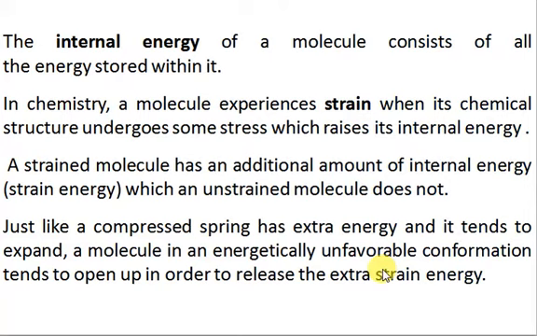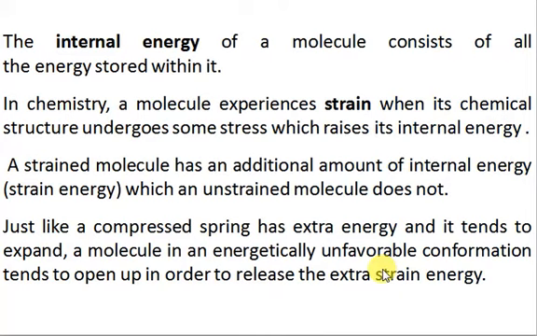They are just like a compressed spring because the atoms have been brought much closer in the cyclic system. In the case of a three-membered ring, the atoms are very, very close together. Because they are close together, they are facing the repulsion of electrons of those carbon atoms, and also the electrons of the hydrogens which are bonded to the carbon atoms.